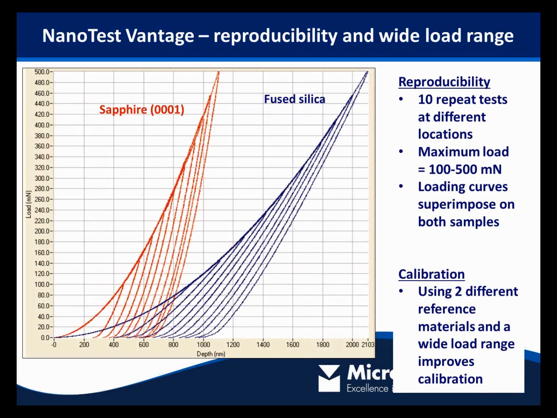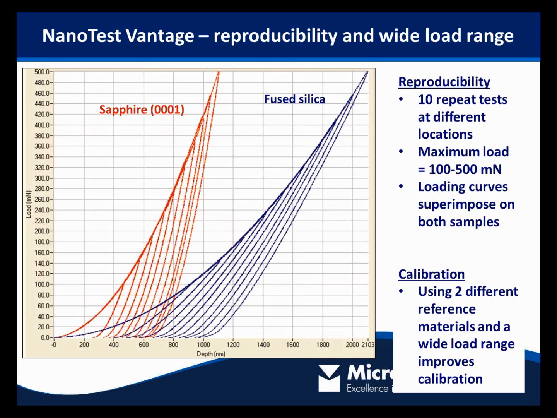So this is quite an old slide now, but it illustrates typical behavior in this case, where we've looked at two different reference samples. We've done indentation tests stopping at different positions across the surface, stopping at different peak loads. They're designed so the first one stops at 100 millinewtons, the next one 150, 200, etc., all the way up to 500 millinewtons.